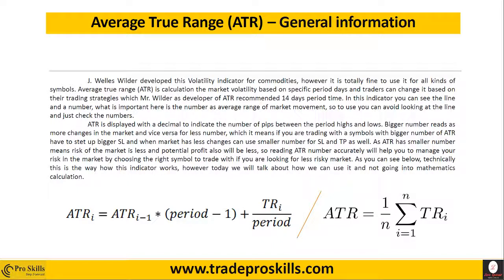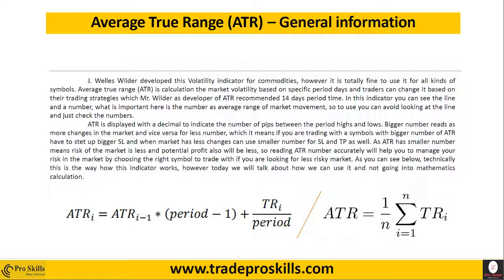ATR is displayed with decimals to indicate the number of pips between the period high and the low.